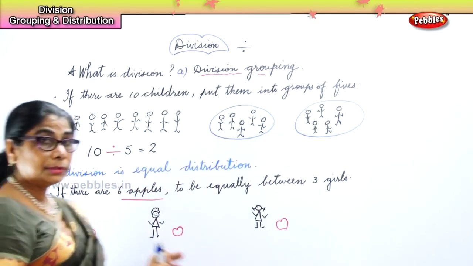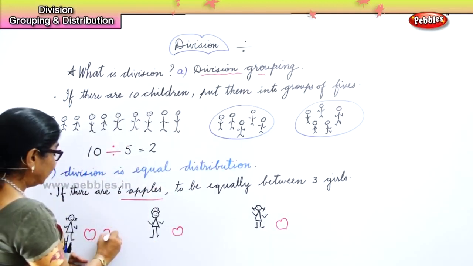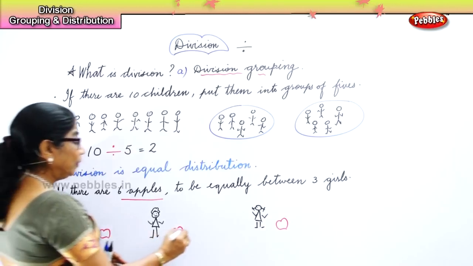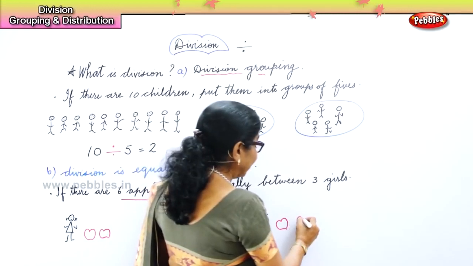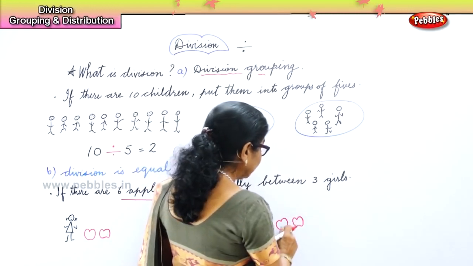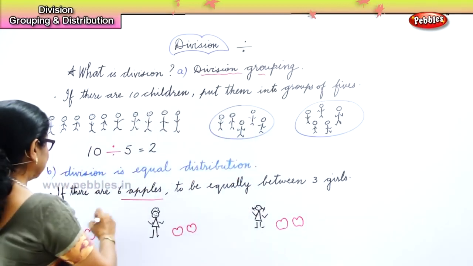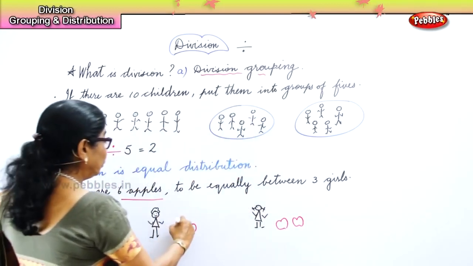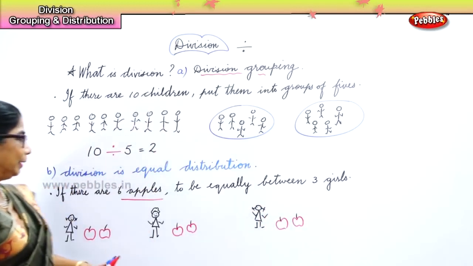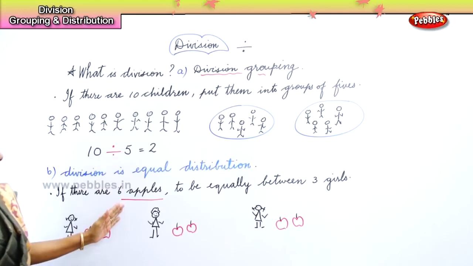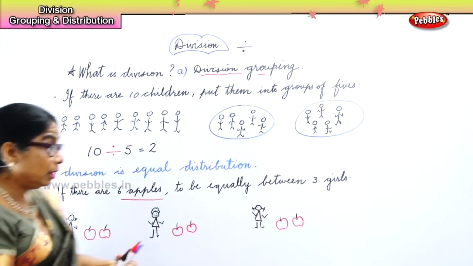So 1, 2, 3. Again, we give this girl 1 more apple. And then we give this girl another apple. The third girl, we give another apple. Now, 2, 4, 6. All apples are gone. We have distributed the 6 apples equally. 6 apples to be equally divided between 3 girls.